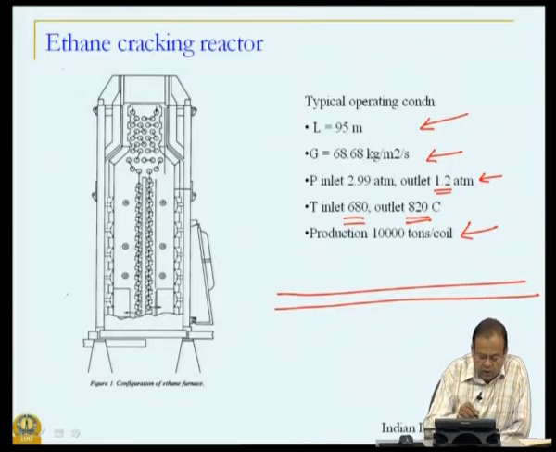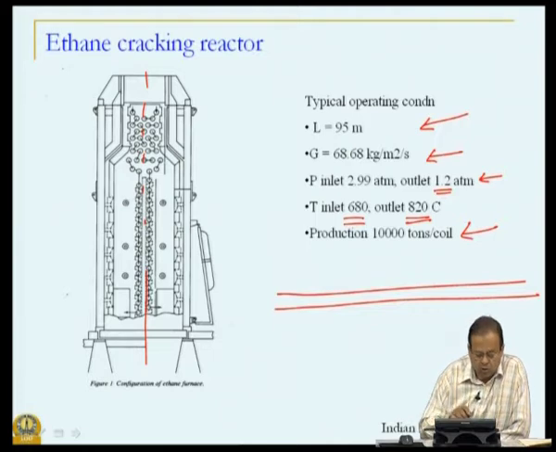First of all, there is an axial symmetry, and so you have roughly the same things happening on both sides of the reactor. And how is this reactor designed? There is an inlet at this point, and then the tubes are actually coiled. So, if you look at the cross section, it will look something like this.